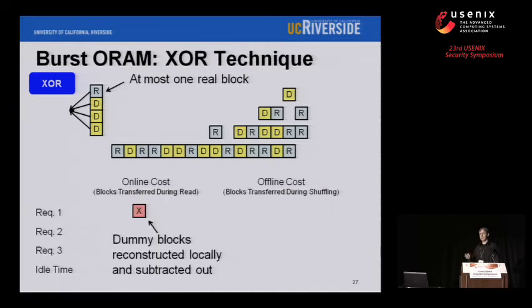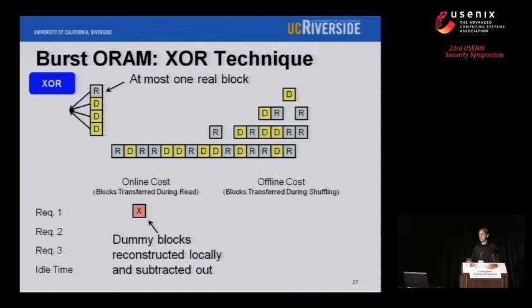So in order to retrieve the real block, the client has to reconstruct the dummy blocks locally and subtract them out of this combined XORed block. And since the client gets to control dummy blocks, it can just use a pseudo-random function and encrypt the output of that to create dummy blocks in the first place, so it can efficiently reconstruct them and subtract them out.